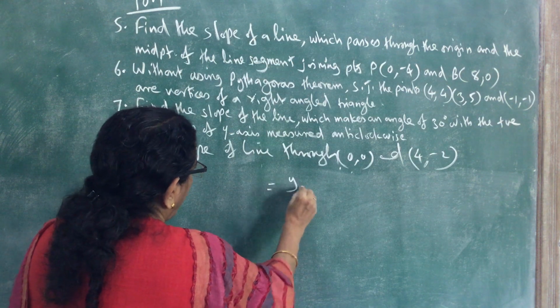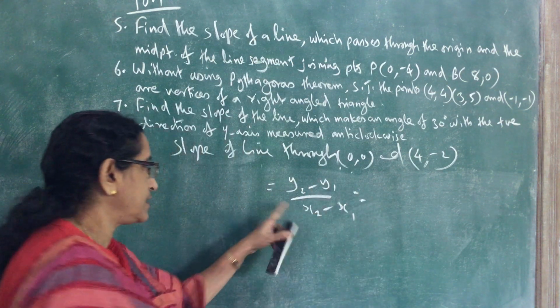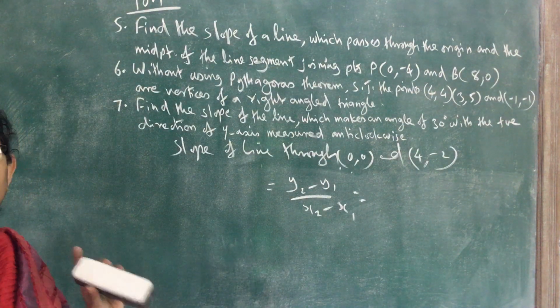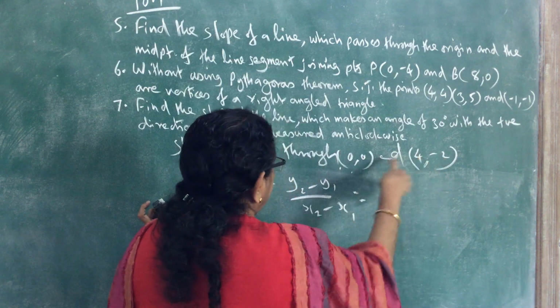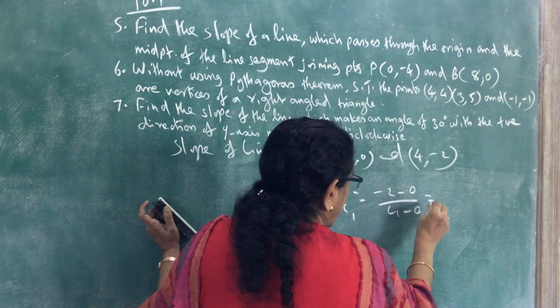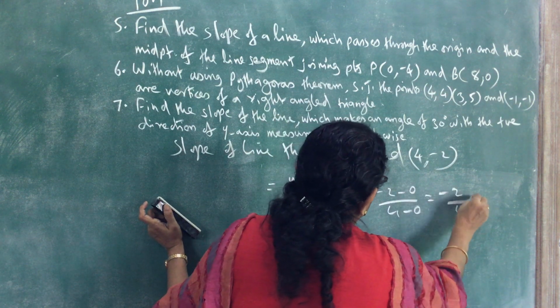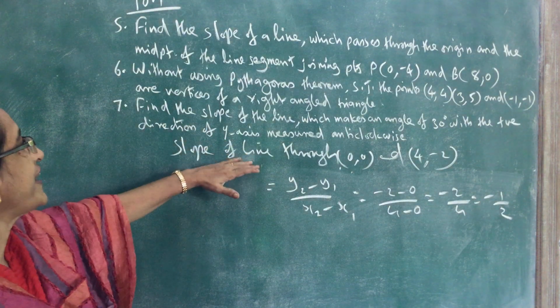We can use the formula y2 minus y1 by x2 minus x1. This is the formula for slope if two points of a line are given. Now that is equal to y2 minus y1, negative 2 minus 0, divided by 4 minus 0. That is equal to negative 2 by 4, that is equal to negative 1 by 2. So that is the slope of the required line.